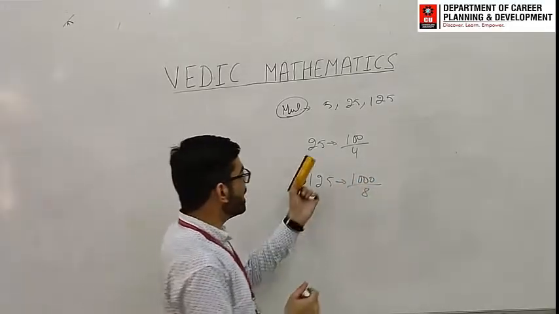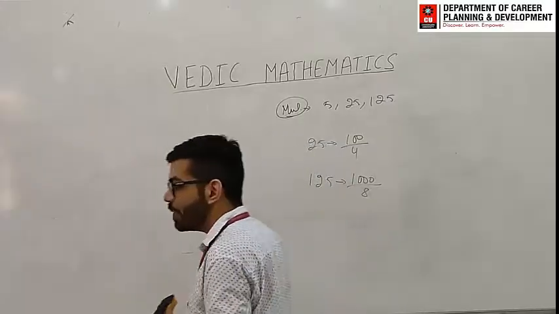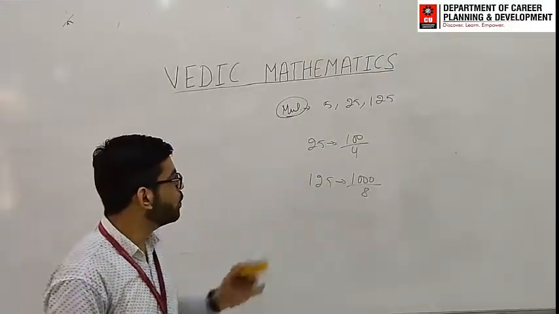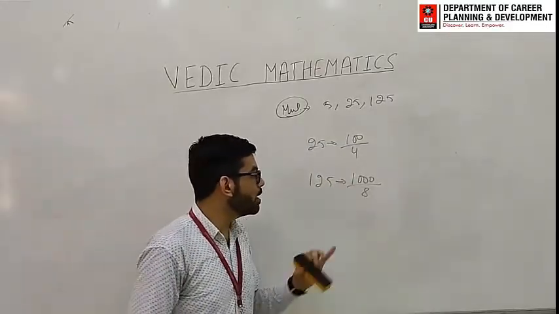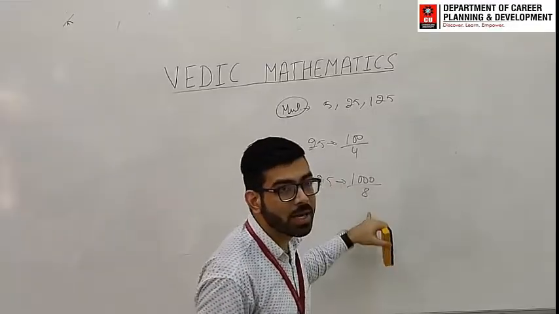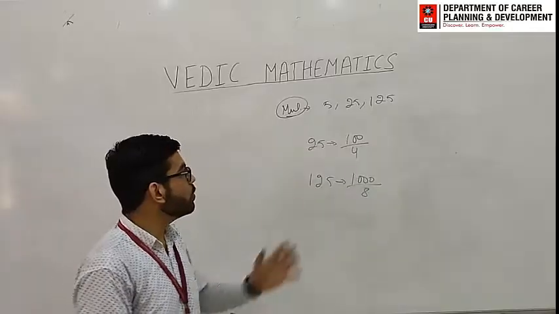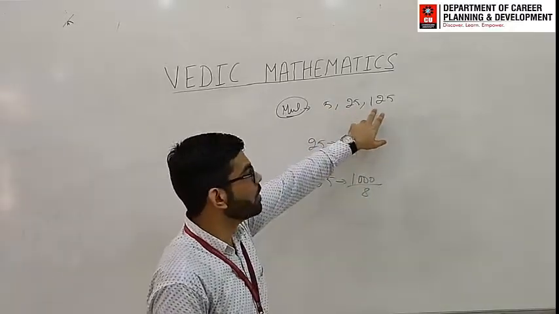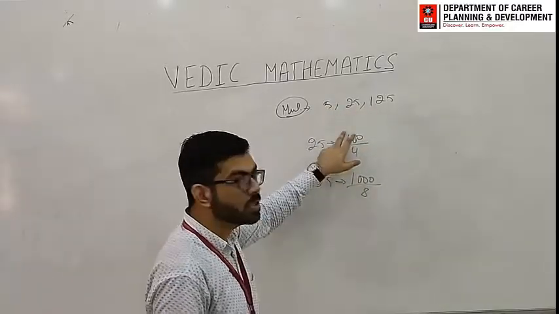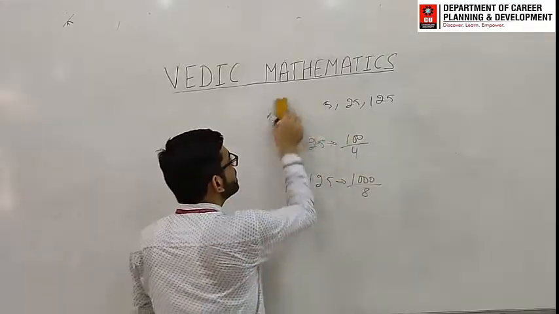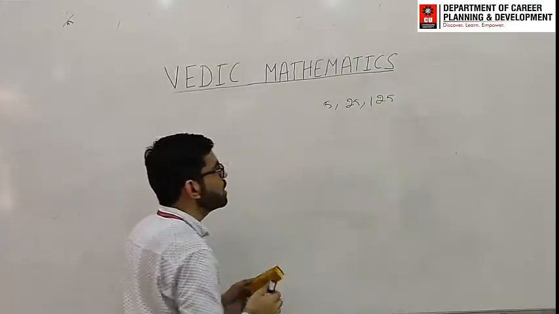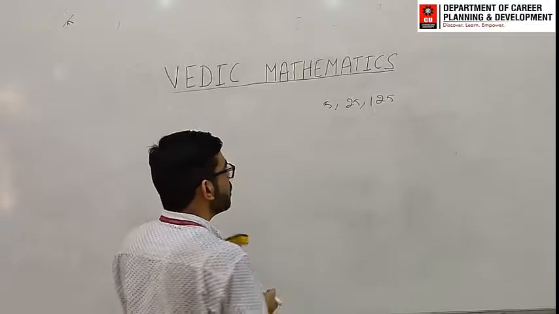So instead of multiplying a number by 25, it is better to divide that number by 4. And instead of multiplying a number by 125, it is better to divide that number by 8. So it is clear, for numbers ending with 5, 25 and 125, we are going to apply this method. Similarly, in case of division of these numbers, things are the same, just the reciprocal of the terms.